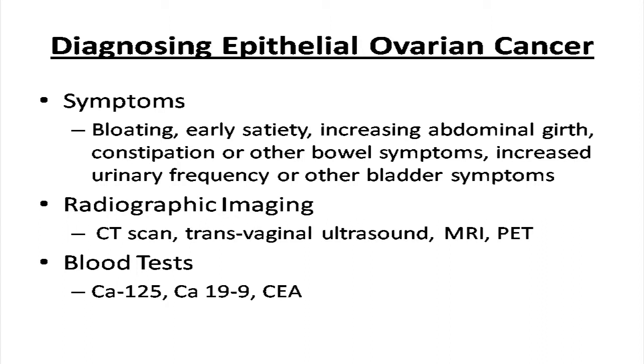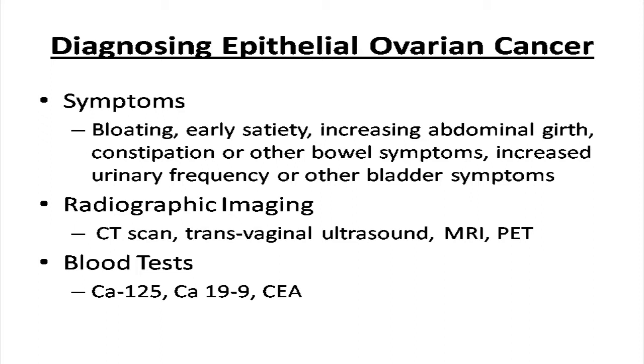Modalities such as CAT scan, transvaginal ultrasound, MRI, and PET scan can all give information to your physician. Your physician may also order blood tests such as CA-125, which stands for cancer antigen 125, CA-19-9, cancer antigen 19-9, and then the CEA, carcinoembryonic antigen.